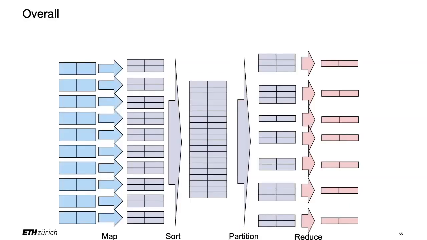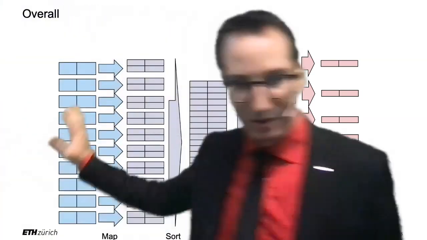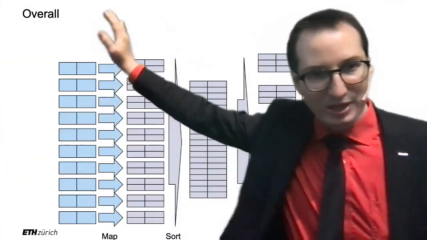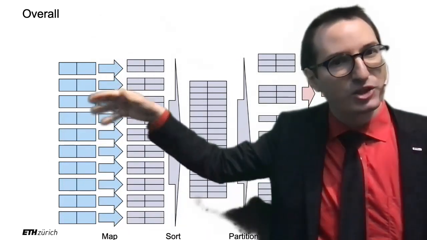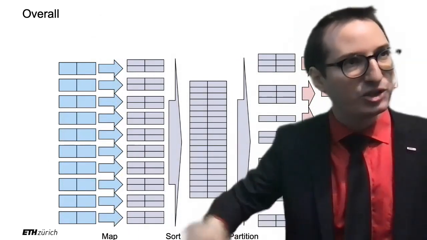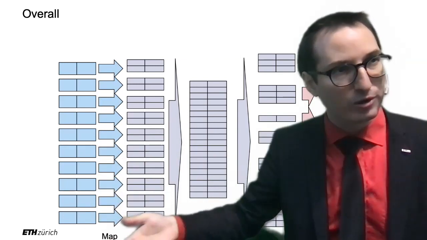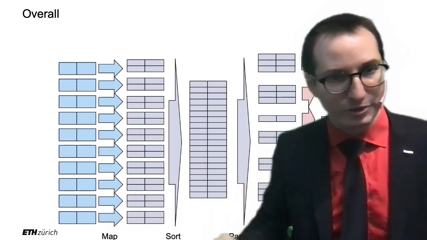Okay, so now if I put everything on a single slide, that's pretty much what happens. We have the input data over there. That is a collection of key values, partitioned naturally on HDFS as blocks and so on. Each block from the perspective of MapReduce is called a split.